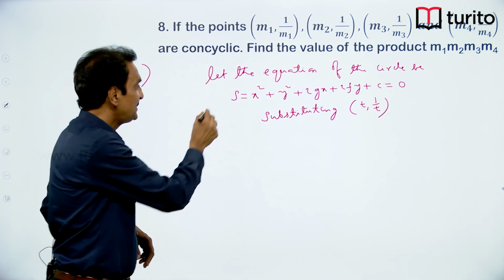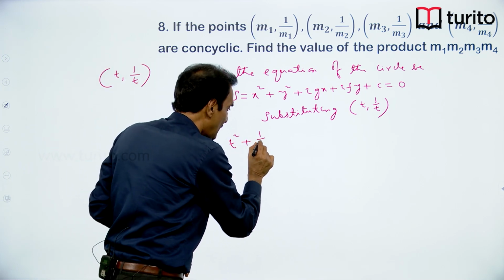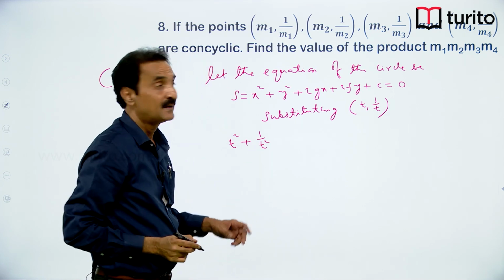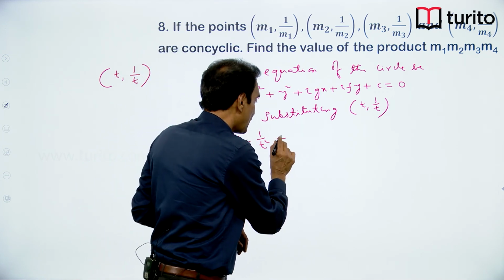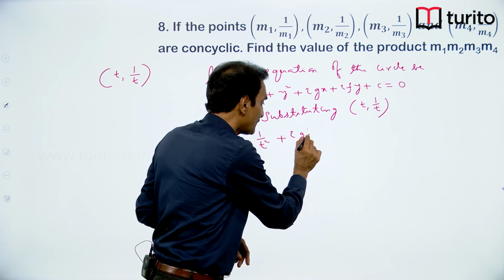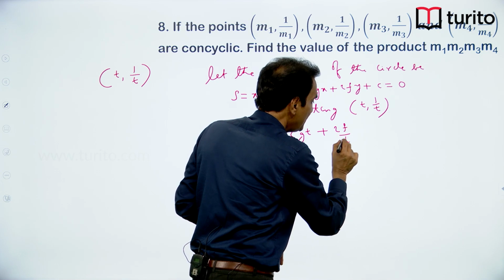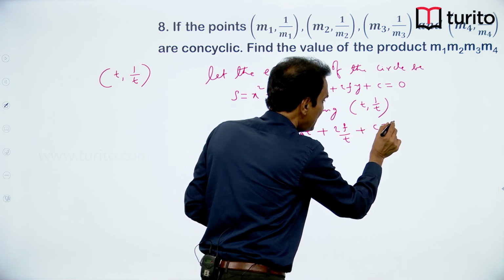What will you get? t square plus 1 by t square plus 2gt plus 2f by t plus c is equal to 0.